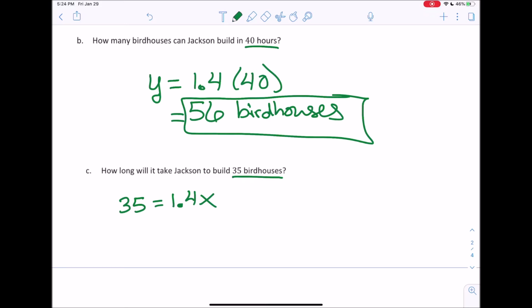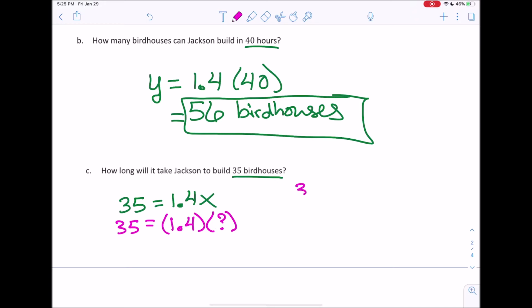So this means that 1.4 times some mystery number equals 35. So if I want to know what 1.4 is multiplied by, then I can do the opposite. Instead of multiplying, I could divide 35 by 1.4, and that will give me what 1.4 is multiplied with.